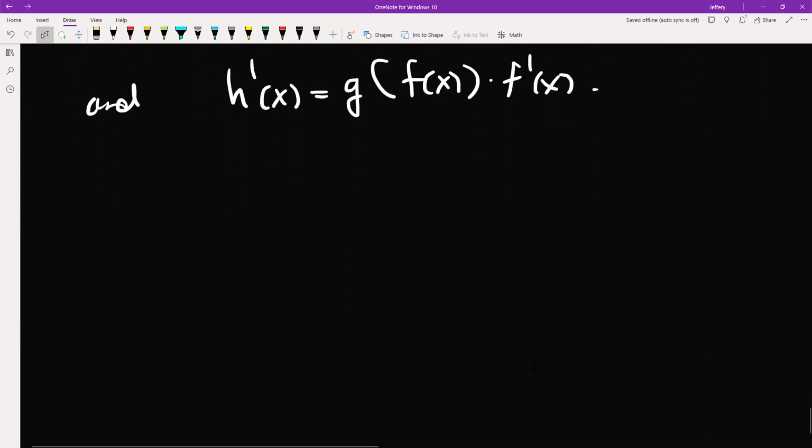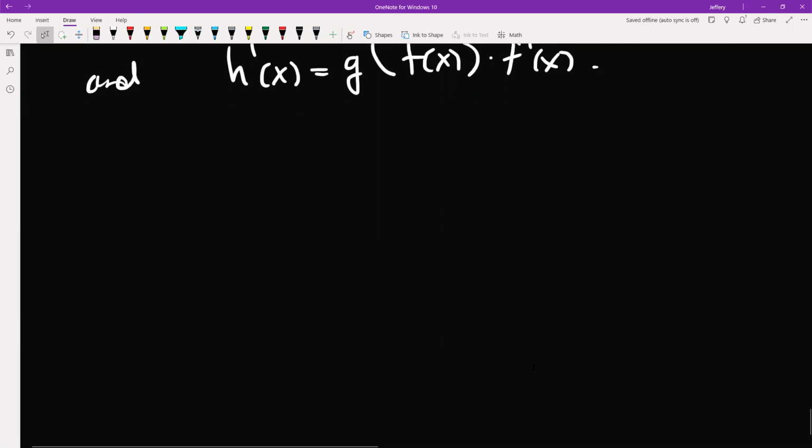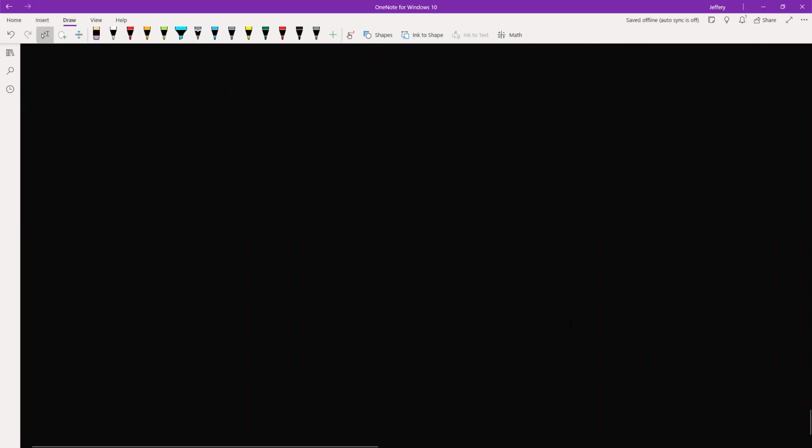I'm going to talk about local maximums and local minimums. Okay, so first, let's just define local maximum. So here's a definition. So again, we're going to deal with a real function.